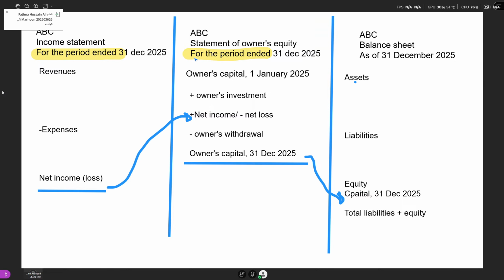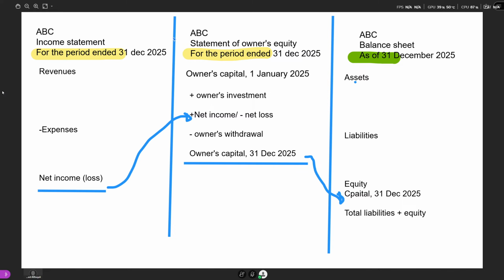When I wrote the date, I said that this is for the period that ended 31st of December 2025. But when I wrote the date for the balance sheet, we said that this is as of. So slightly, if you can notice, the way that we write the date for these financial statements is quite different.